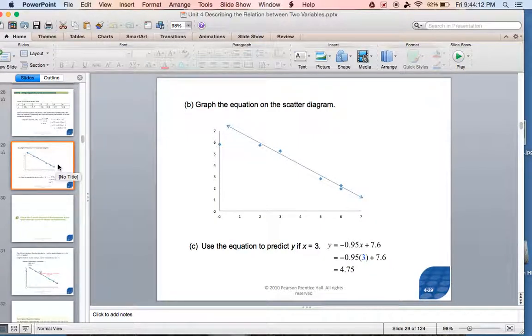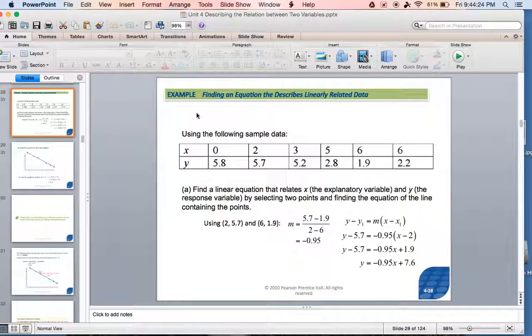So if we graph the scatter plot and the line that we computed, and we predict for x equals 3, you can just see that it's 4.75. But if you go back to the list, we have 5.2.